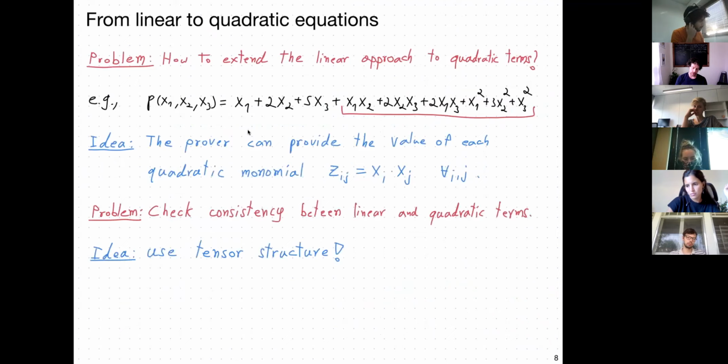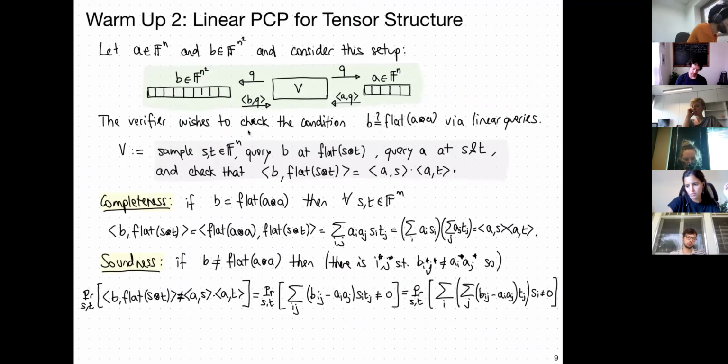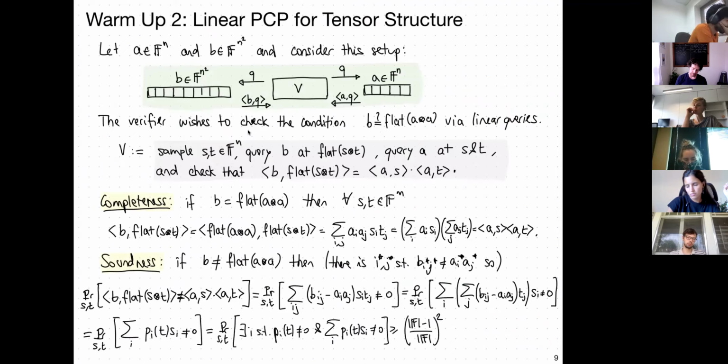So now we do the same thing in the quadratic set, in the tensor structure. What is happening here is that I want these two conditions to happen. So these are two PIT problems.